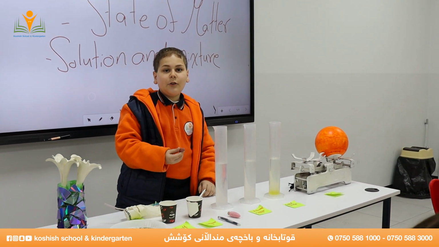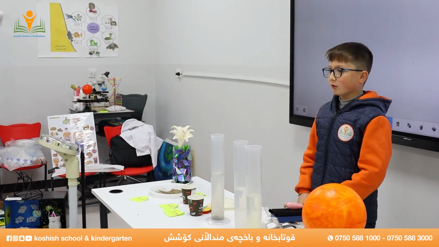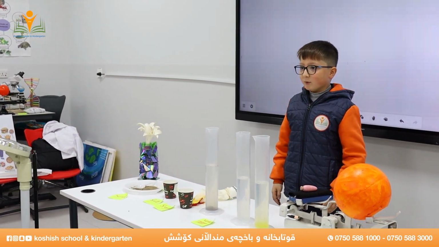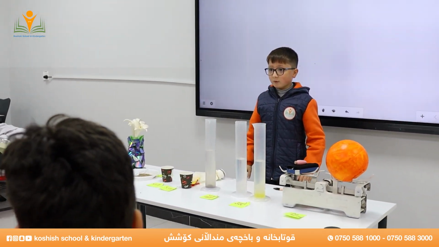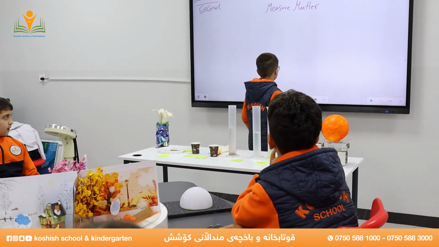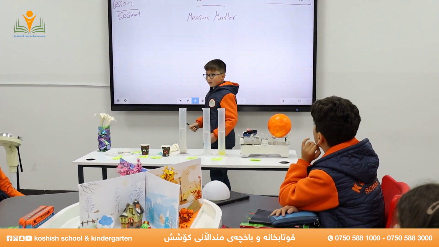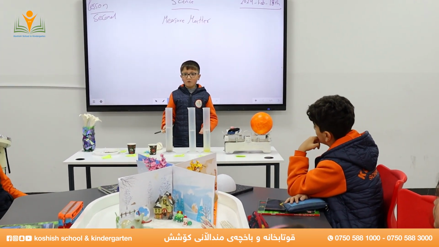Now we are talking about regular shapes. Hello guys, now I'm going to continue, now that we know how to measure volume, with how we measure density. For example, mass divided by volume.